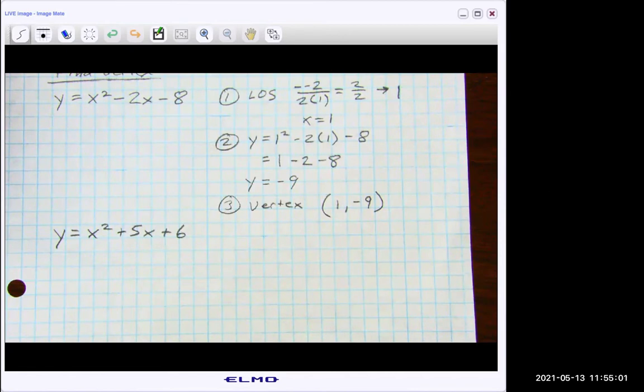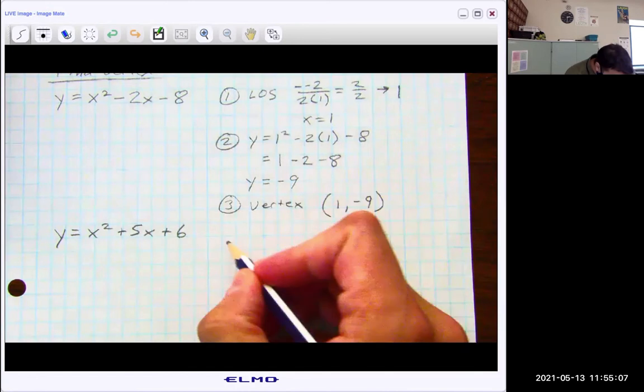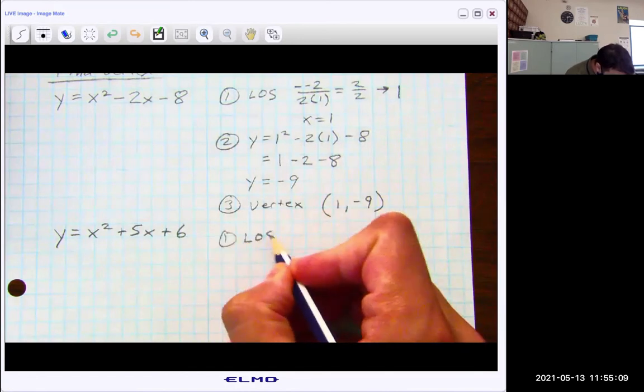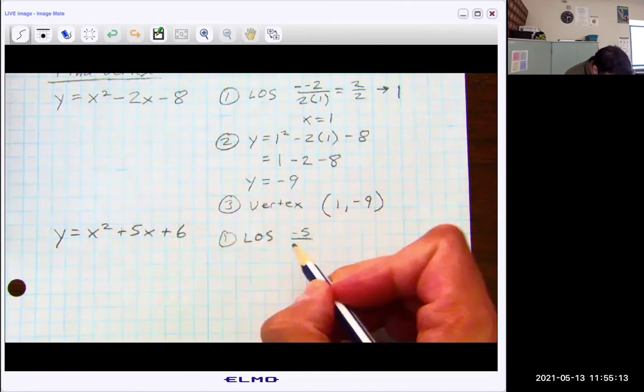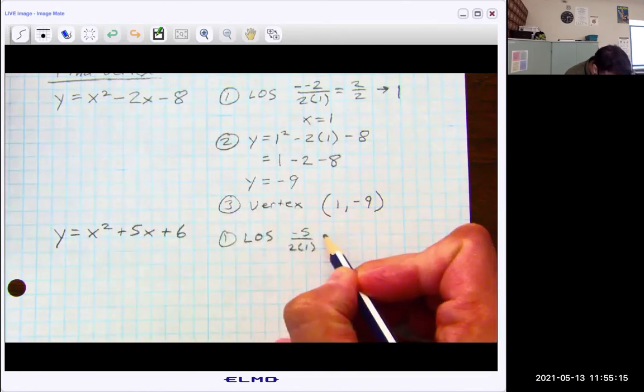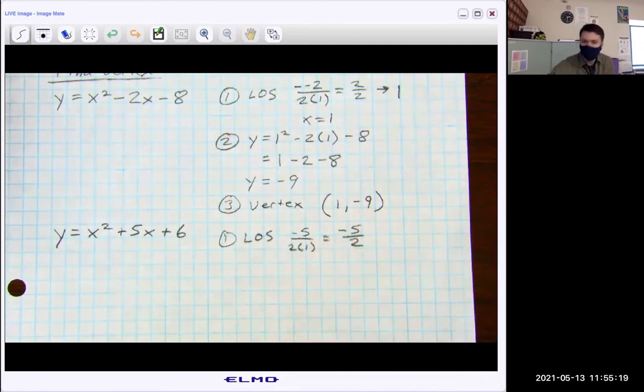Okay, go ahead. Find the LOS, right? That's where we always start. Good. So the LOS is negative b, so negative 5, over 2 times a, which is 1. Oh, it's -5/2. Okay, here's a tip for you. Whenever you have the option to do a fraction or a decimal, go with a decimal.